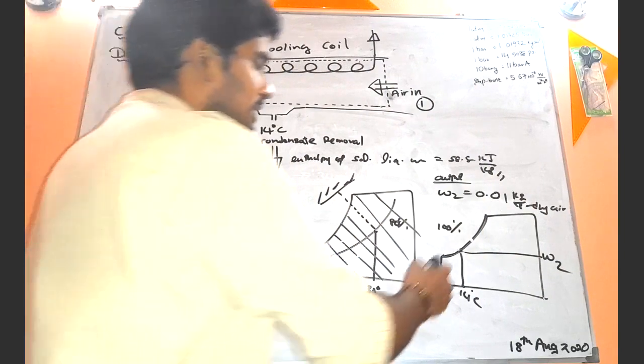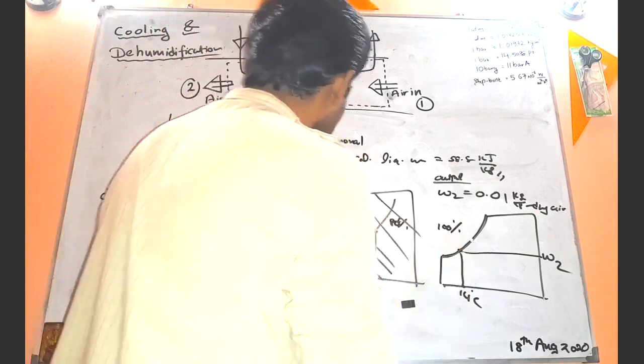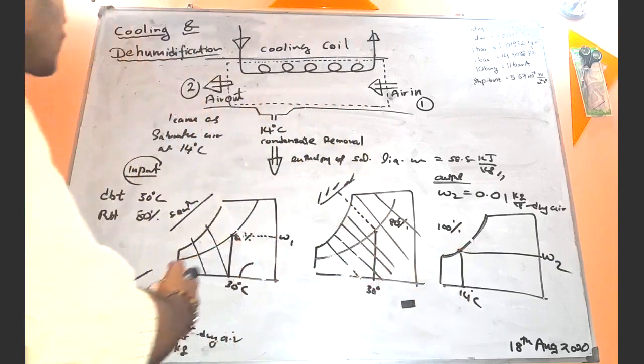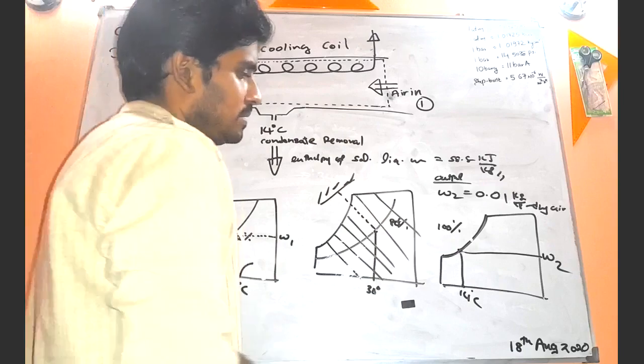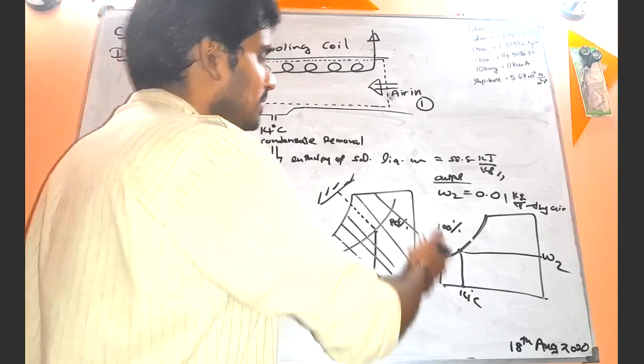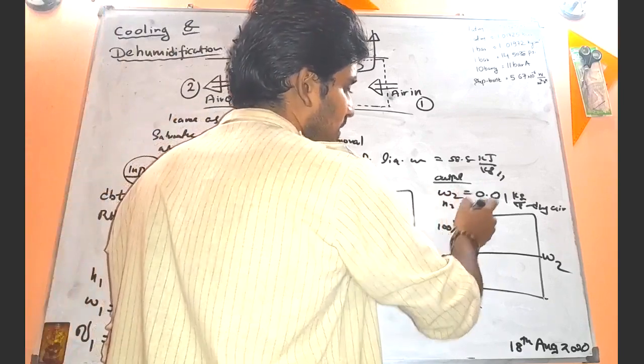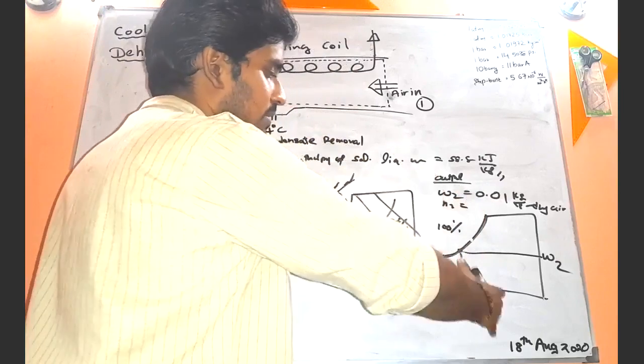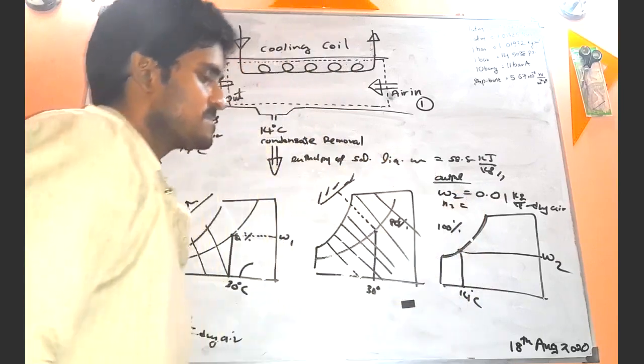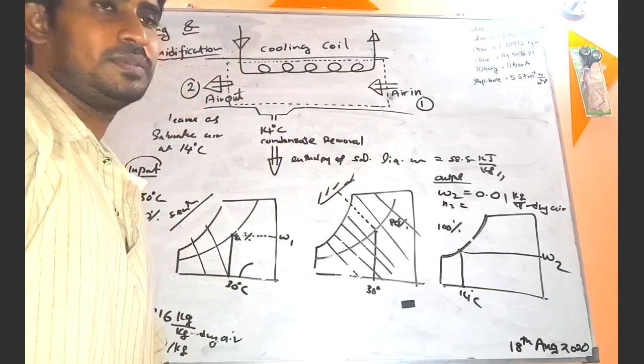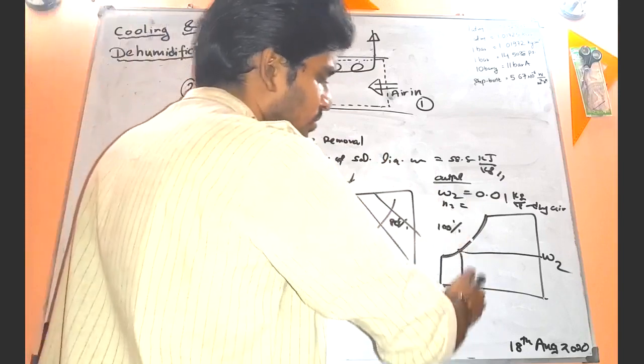Again, at this point of intersection, as I have taught you for the previous scenario for the input side, you know the procedure. So now you can find the specific enthalpy h2. Find the line that represents the specific enthalpy that is closest to this point of intersection.